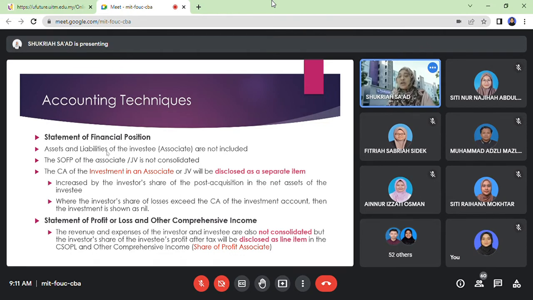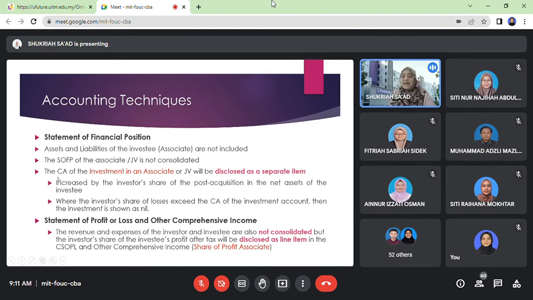We should exclude its financial statements. When we are talking about consolidation, we only combine the financial statements of the holding company and subsidiaries.